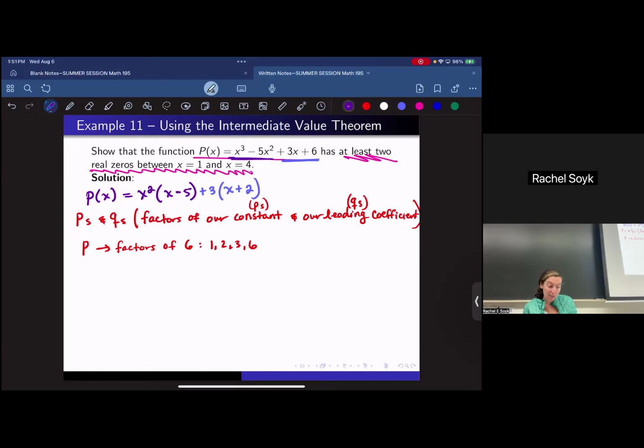And you can utilize both the positive and negative versions, so we are going to indicate plus or minuses. Whereas for our Q's, we're looking at factors of the leading coefficient, which is 1 here. So lucky for us, that's unique. So we just have plus or minus 1.